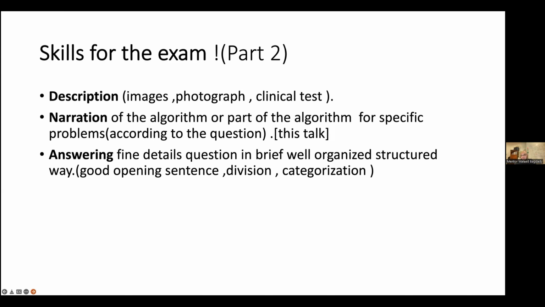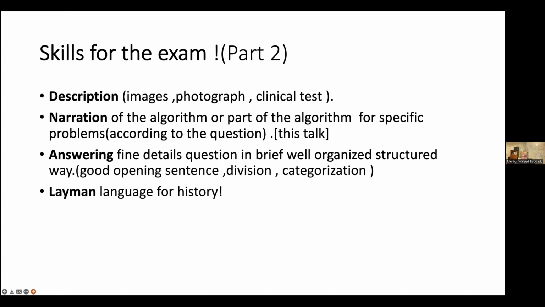Then you start to say, I'll take history, examination, investigation, things like that. But I can stop you and say, why do you think this patient may have pain from his first metatarsal? That pain can originate from infection, trauma, tumor, arthritic changes, things like that. So you can be asked a fine-detail question, or you can have some sort of narration and the examiner just listens to your way of telling things.